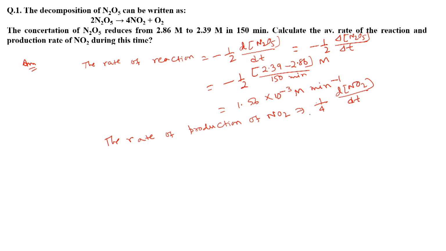Again it will be a plus sign here because it is forming here. For finite change we can write 1 by 4 delta concentration of NO2 by delta t.